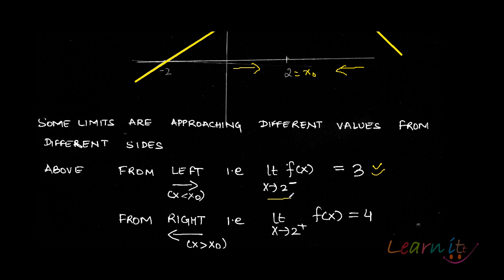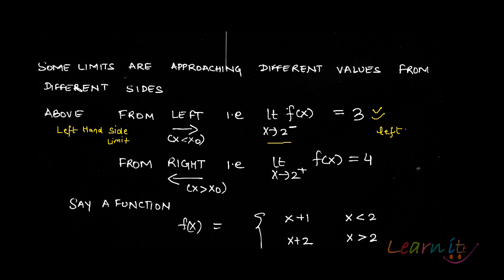I say x tends to 2 minus; the minus sign is for left. We call it the left hand side limit. And here you have the other thing from the right.